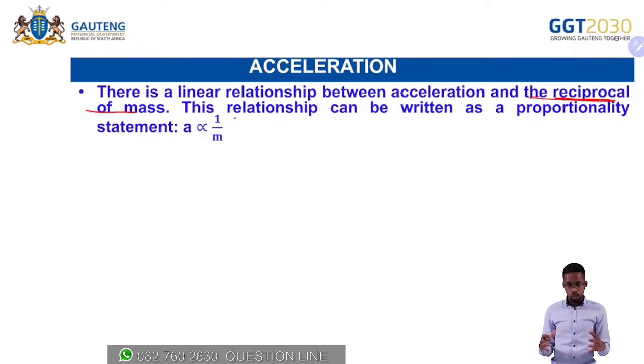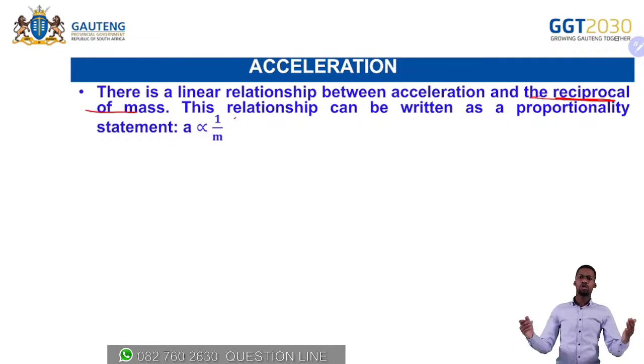An object of smaller mass will have greater acceleration. That tells us that acceleration and mass are inversely proportional to each other. Acceleration is inversely proportional to the mass.